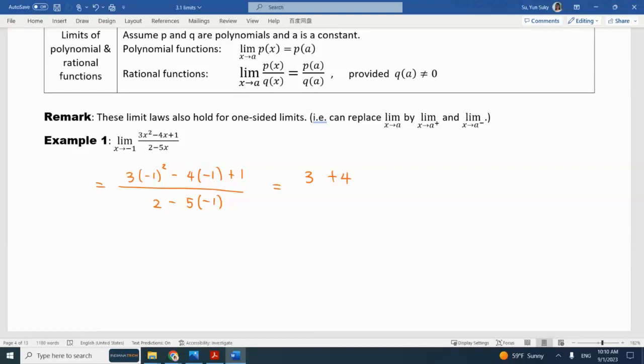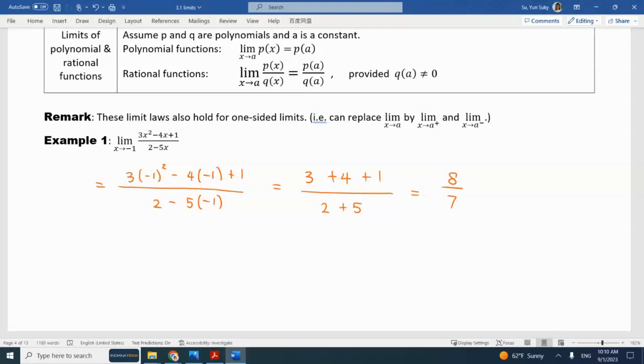And then plus 1. How about denominator? 2 minus 5 times minus 1 becomes plus 5, right? Okay, what's in the numerator? 8. Denominator, 7. See, this is a good number, right? So this is the limit.